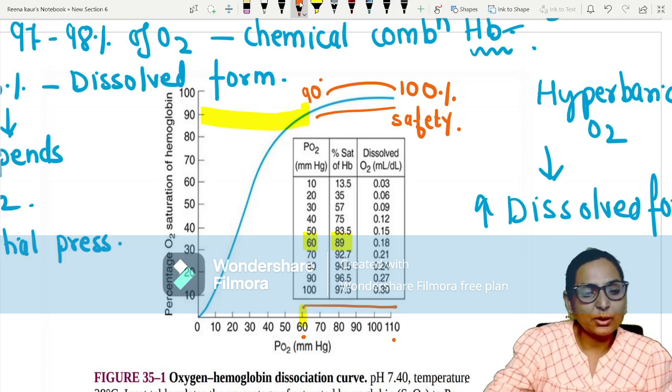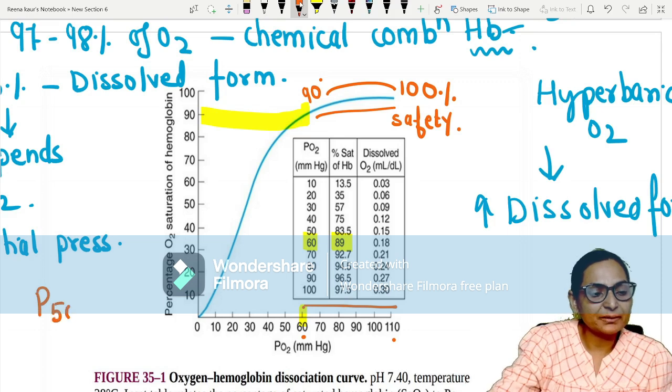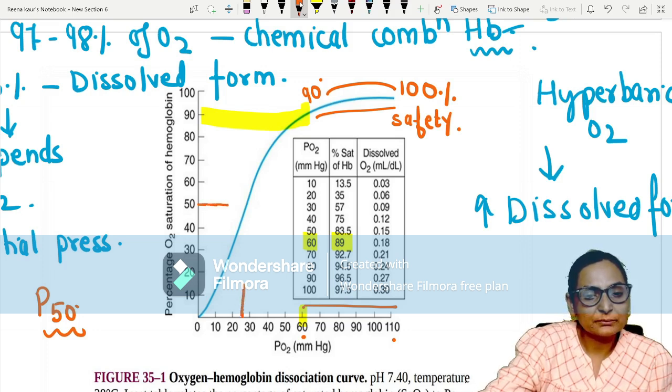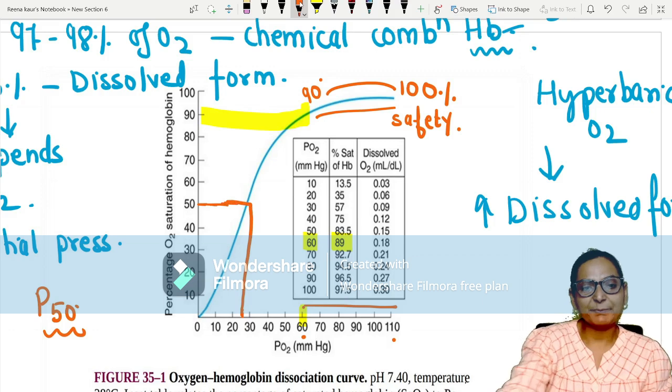there is another word which is called P50. P50 means the saturation is 50. This is around over here. What is P50?